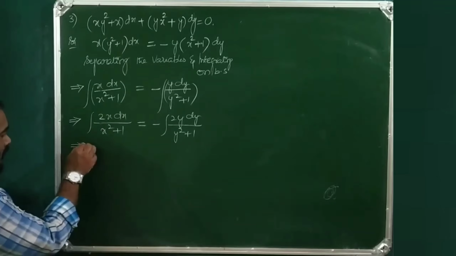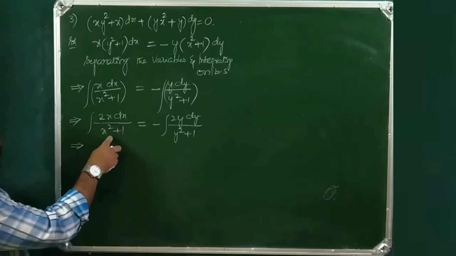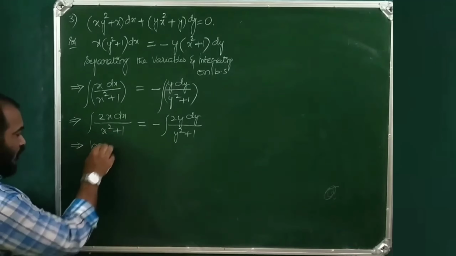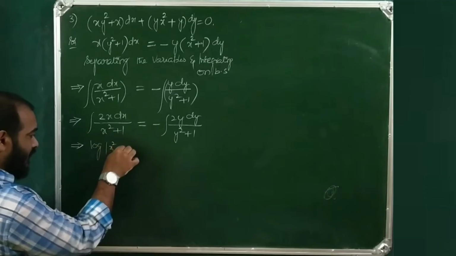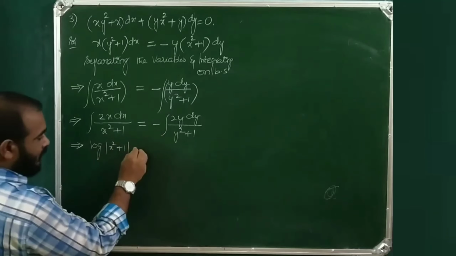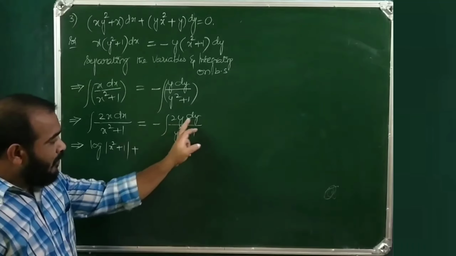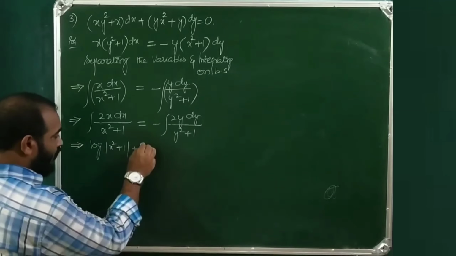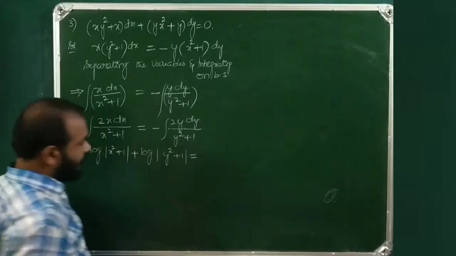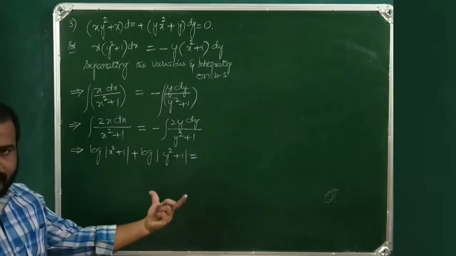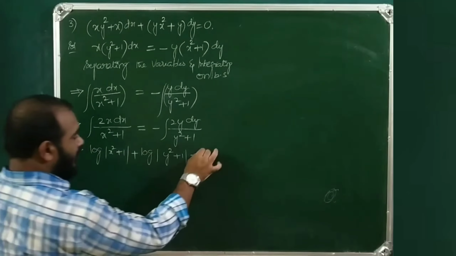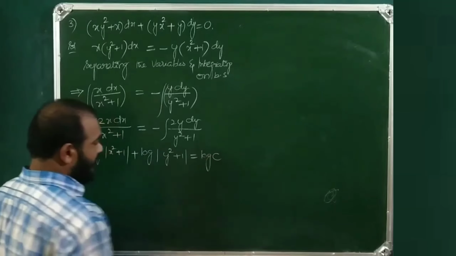Now, this is f'(x) by f(x), log f(x). So this is log(x² + 1). This minus, if you take to this side, f'(y) by f(y), log f(y). So this is log(y² + 1). Constant of integration is to be added, no? So here I will add log c instead of c.